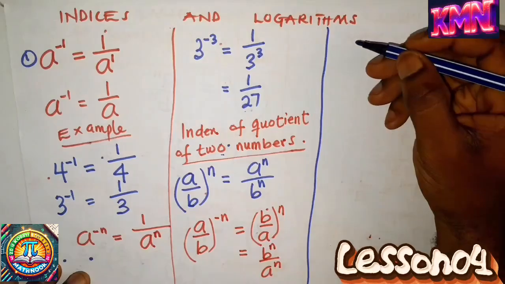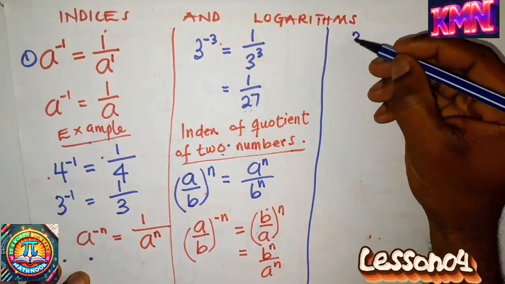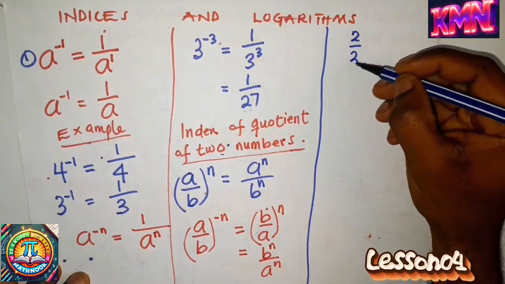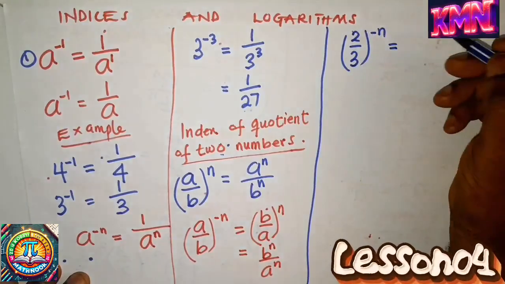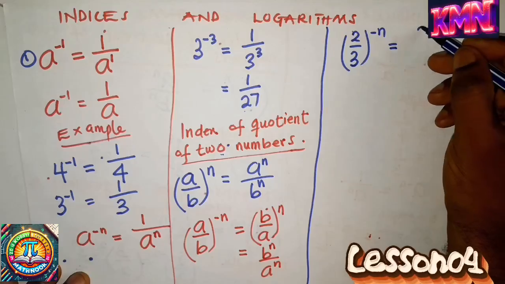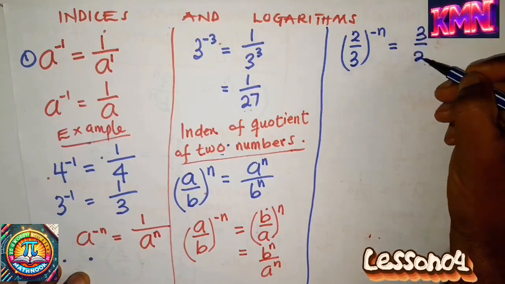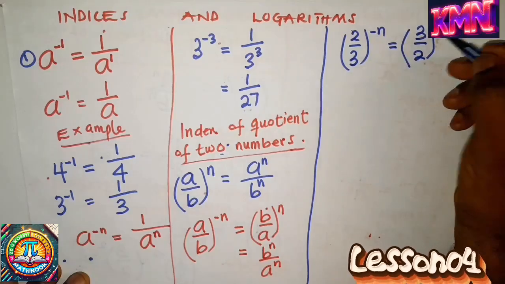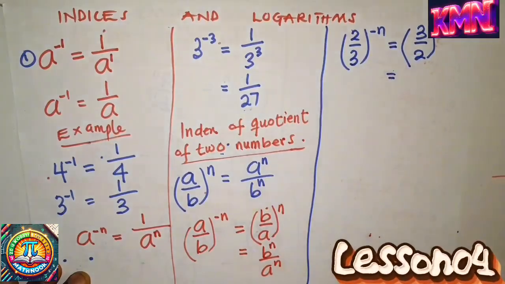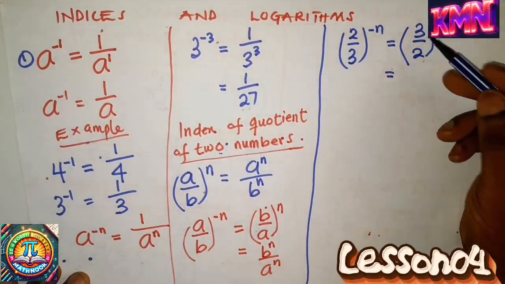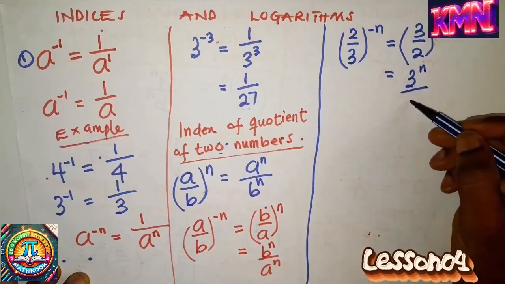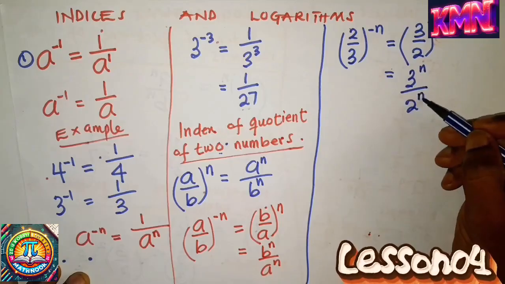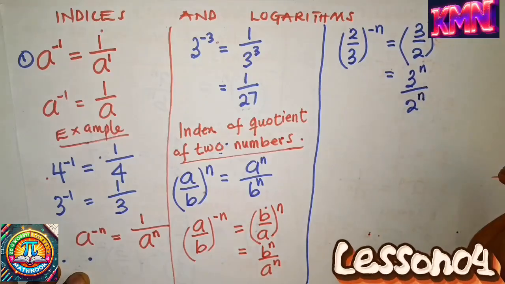Example, assuming we have been given 2 on 3 exponent -n, then we can solve this as 3 on 2 exponent n, and then we can apply the index on it, and that will be 3 index n on 2 index n. Very simple.